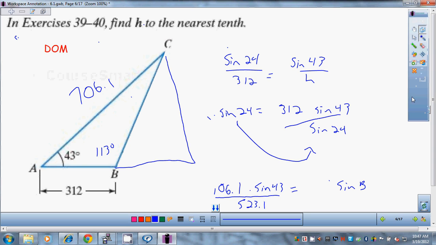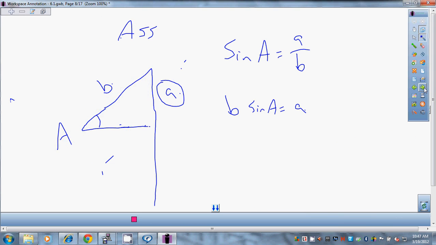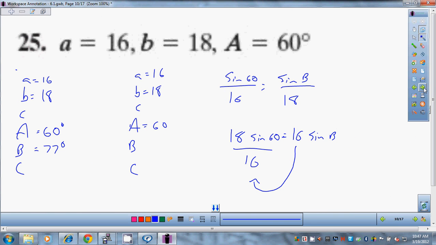So, back to our problem. If the first one is 77, what's the other one? 103. This one is 103. Making, what's the third angle on this triangle when you add and subtract? This one's 43. This one's 17. Now all you have to do on those is do the law of sines one more time with their individual C angles to find side C, and you're done.